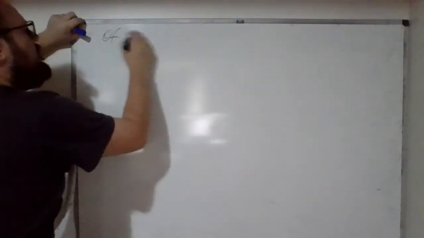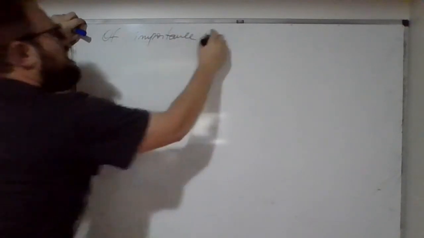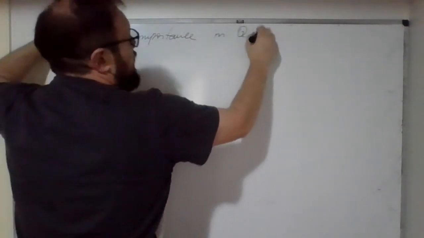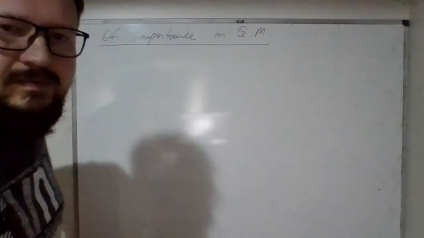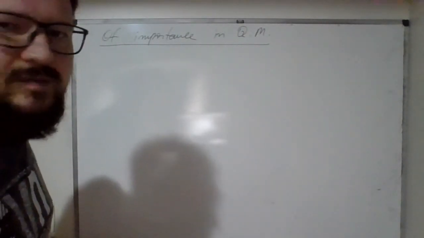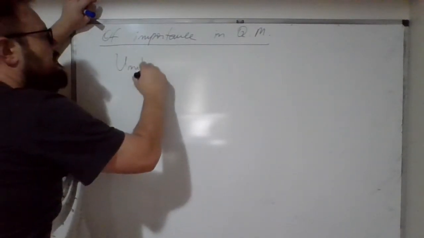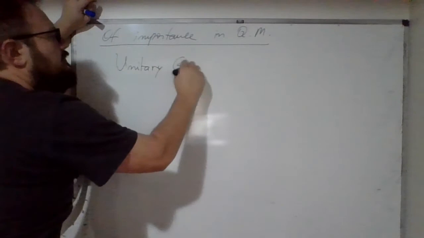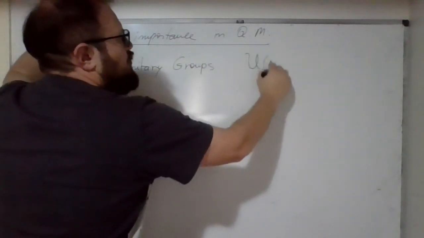Of importance in quantum mechanics, there are others, but of a very relevant aspect in quantum mechanics, you can consider the unitary groups, U(n).